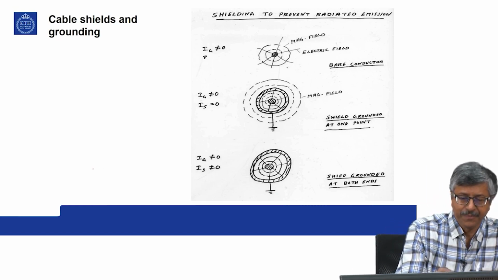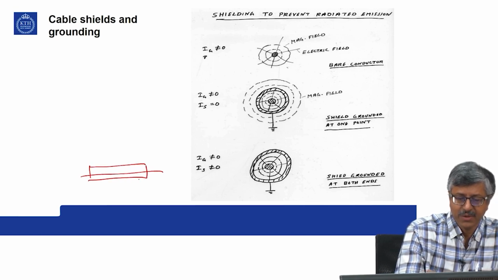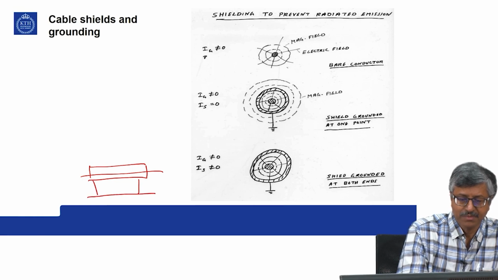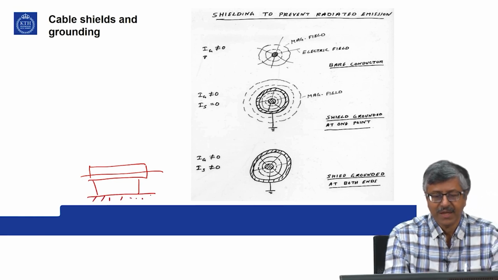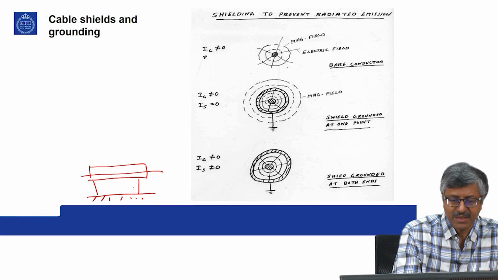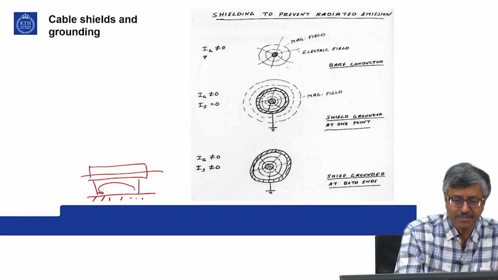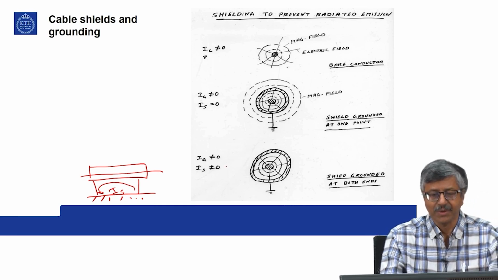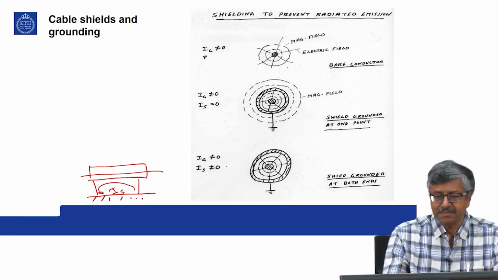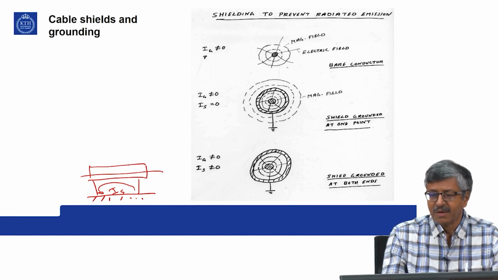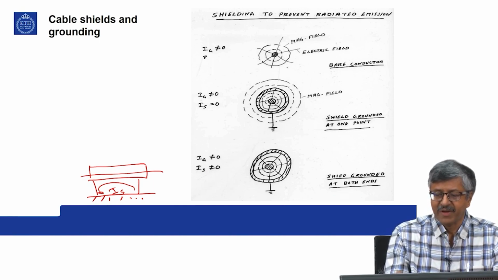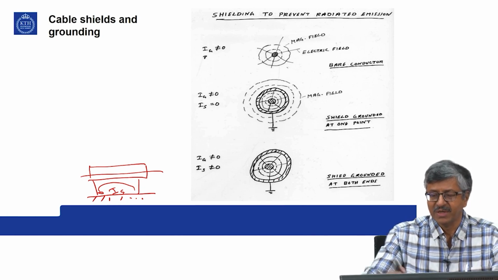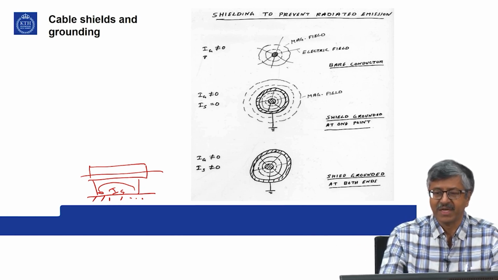So, if you have a shielded wire like this, you are connecting both ends to the ground, then you have a circulating shield current. So, Is is not equal to 0. In that case, you are confining the magnetic field also to the inside of the shield. So, you are not letting out any magnetic field outside.